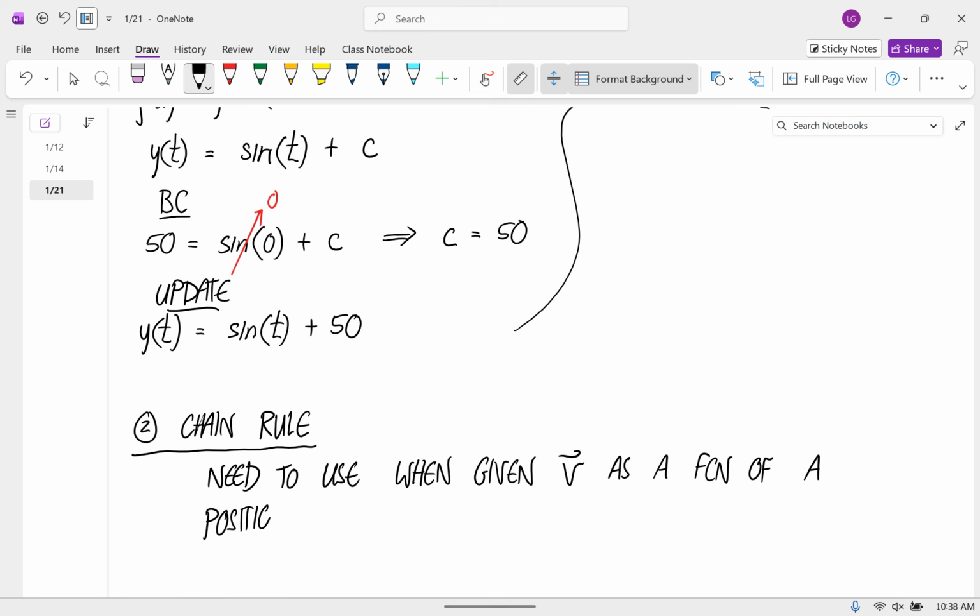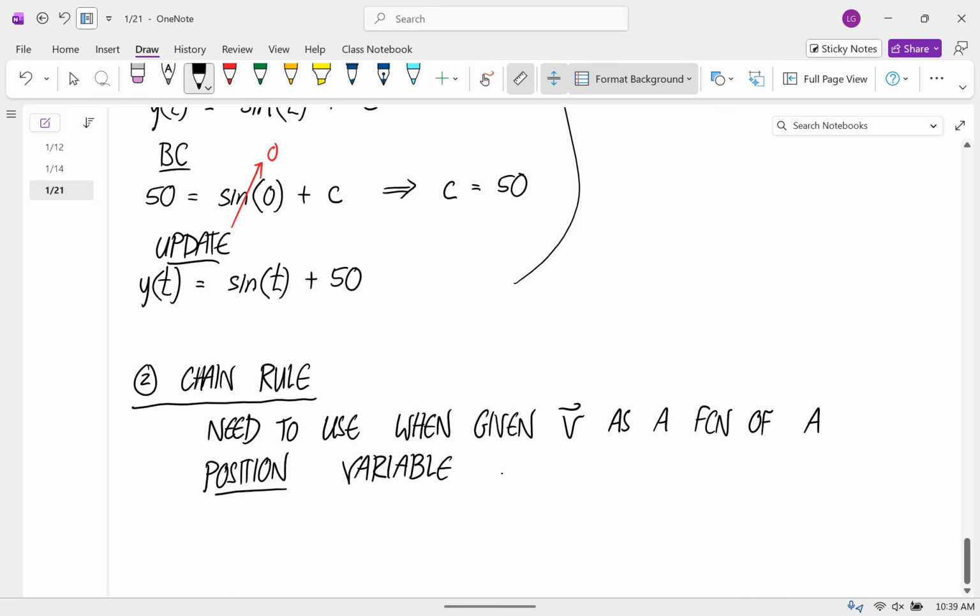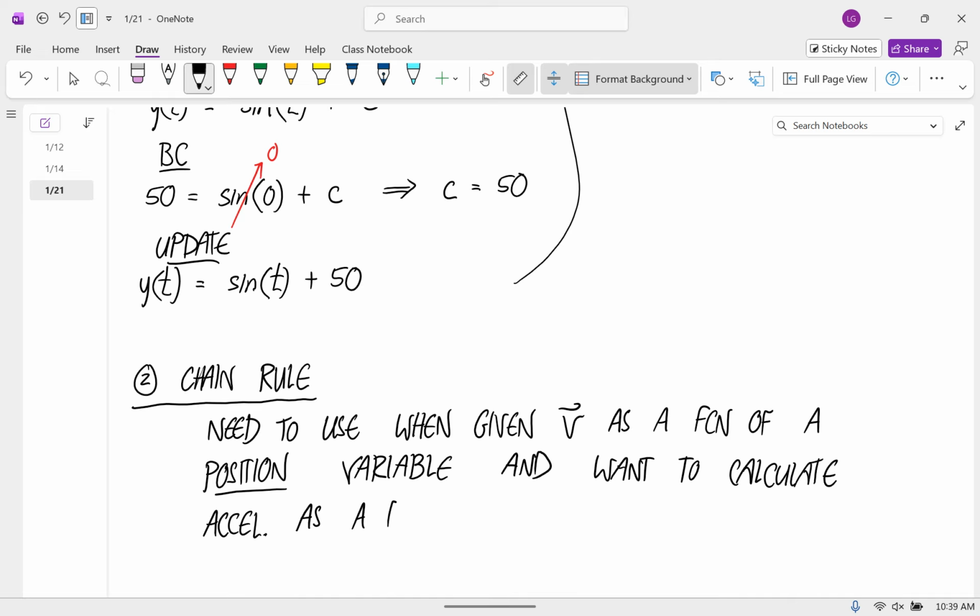So the stuff that we just did, you're given velocity as a function of time. Now we're talking about using x or y or z or something. And you want to calculate the acceleration as a function of that position variable.